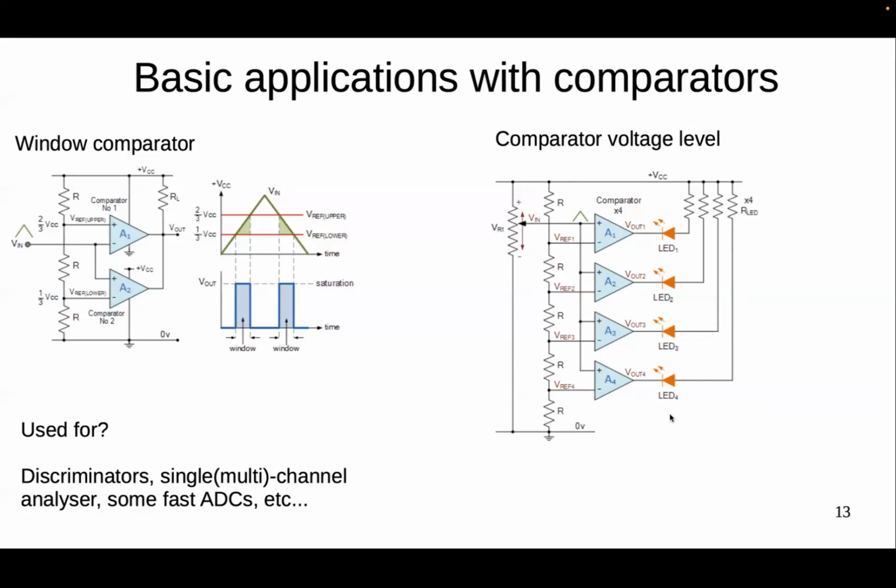So, for example, when the voltage is lower, we will see this LED 4 activated. When it's higher, we will see the 3, the 2, the 1, and so on. This one is used, for example, for fast ADC. This is the technique used to build very fast analog to digital converters.